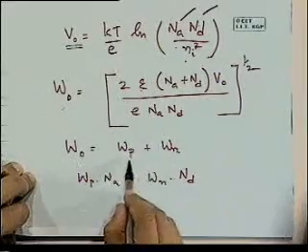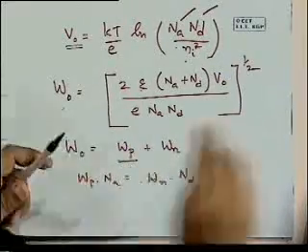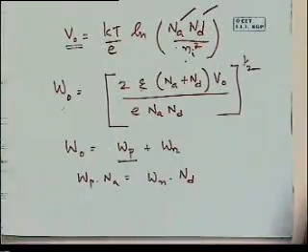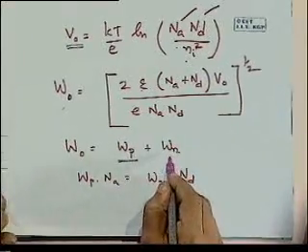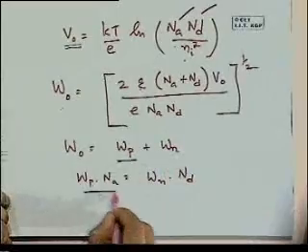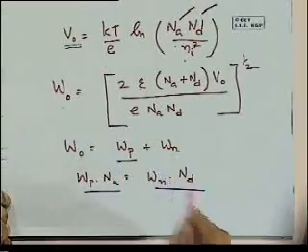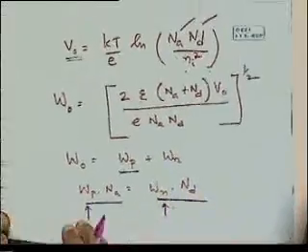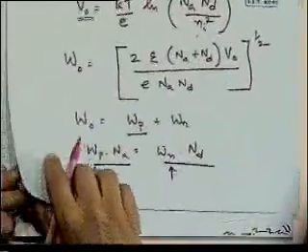Knowing then that W0 is the length of the depletion region, the width within the p-type side is Wp, and on the n-type side is Wn, and we have this expression. With these two, we are able to find out independently Wp and Wn.